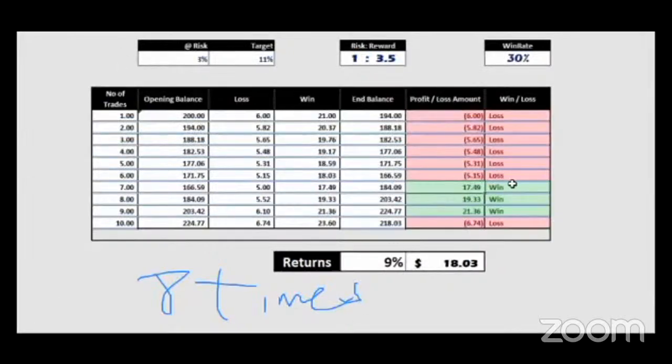So let's say, for instance, that we change this one to loss instead of win. You can see that the person only lost about 4% of the account despite losing 8 times out of 10.